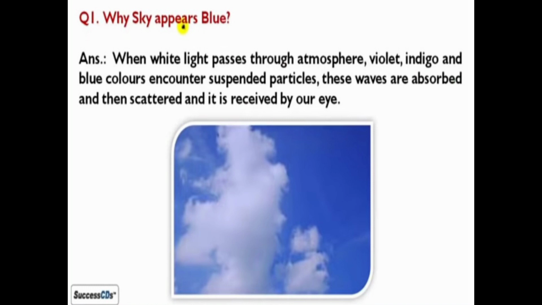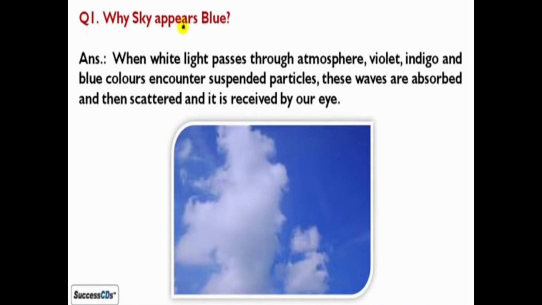The scattering of light is more effective at shorter wavelengths, which is the blue end, and less effective at the red end, which has longer wavelengths. The red light has a wavelength about 1.8 times greater than the blue light.